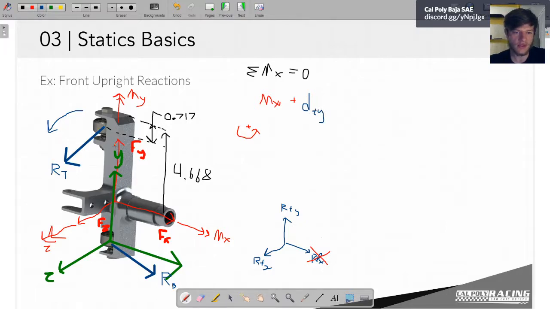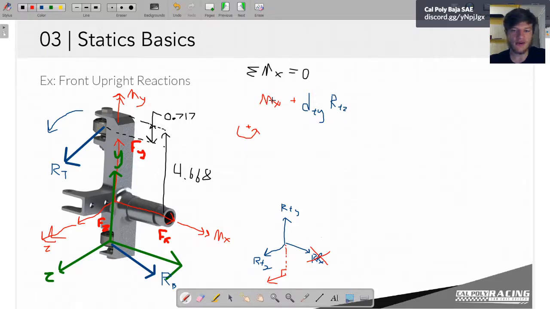So this distance times RTZ. So remember, this is a y dimension that it's separated by. Now this is where RTZ acts. So this is what causes our moment in the x direction. So our distance is in y, our force is acting in z.